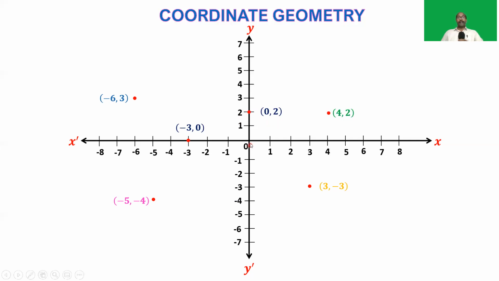Okay, and as the origin lies on both axes, its coordinates are (0, 0). Okay, students, this is the way of plotting the points in coordinate plane.